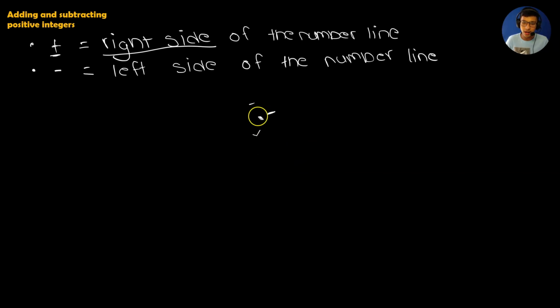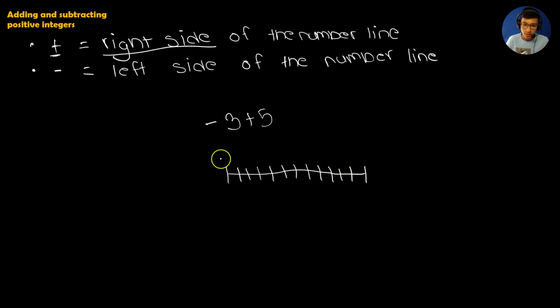So let's try a few more examples so we can get a grip of it. Next example, -3 plus 5. Again, if we think about our number line: -3, -2, -1, 0, 1, 2, 3, 4, 5, 6, 7, 8, 9.